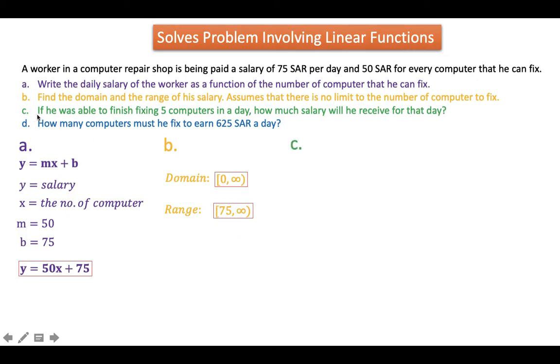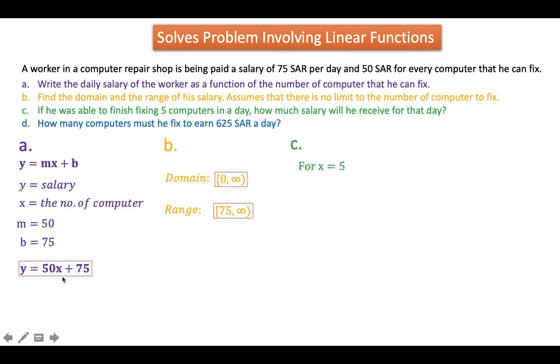For question C, if he was able to finish fixing 5 computers in a day, how much salary will he receive for that day? So we are now looking for the salary, and that salary is represented by variable y. We have a given here, the 5 computers, and this number of computers is our x. So we can set x equal to 5.